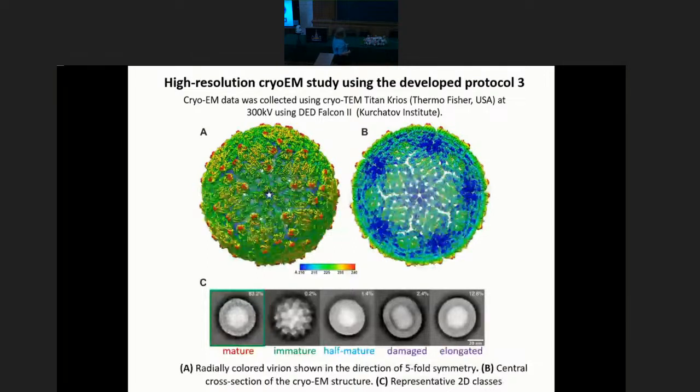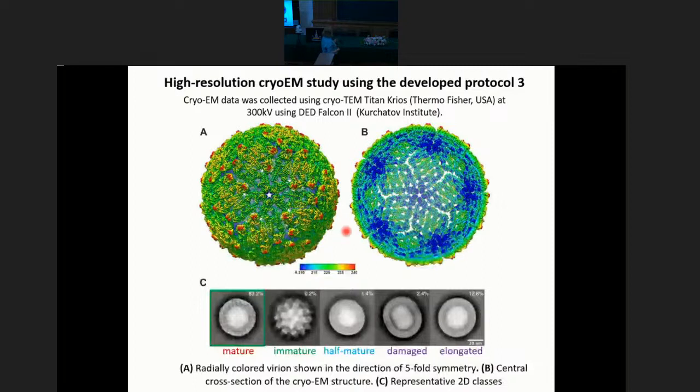And the data collection was performed on a Titan Krios at Kurchatov Institute using a Falcon 2 detector. And here is a radially colored virion showing the direction of 5-fold symmetry and a central cross-section of the Cryo-EM structure.